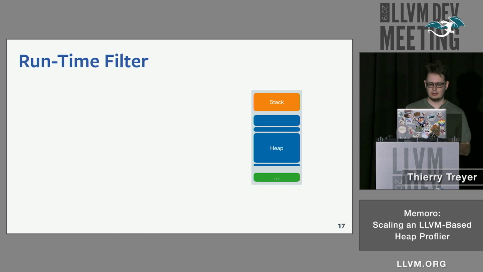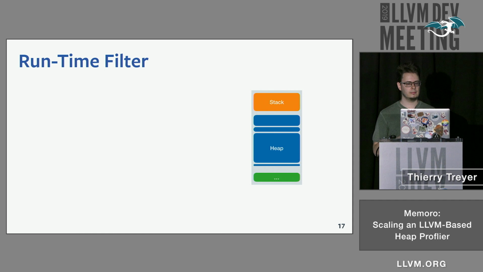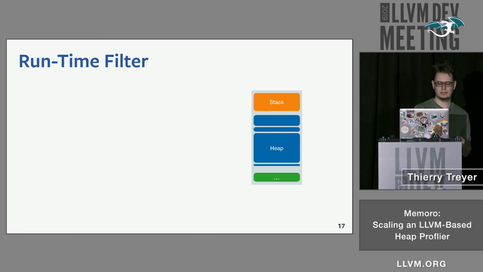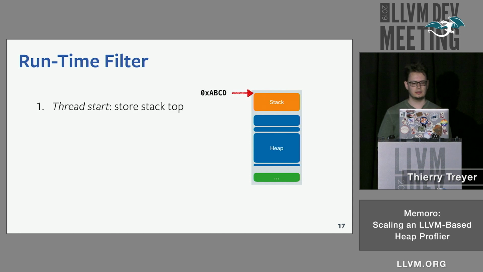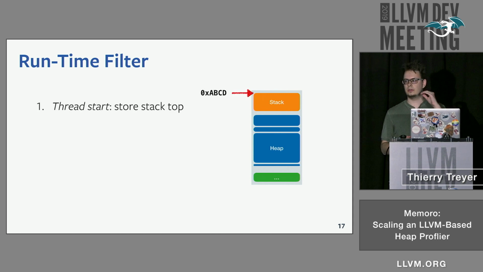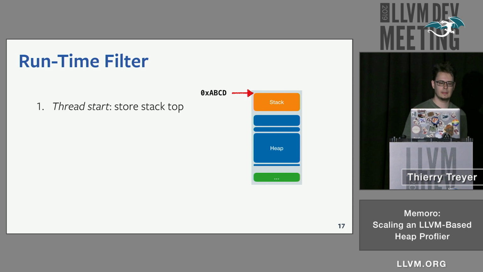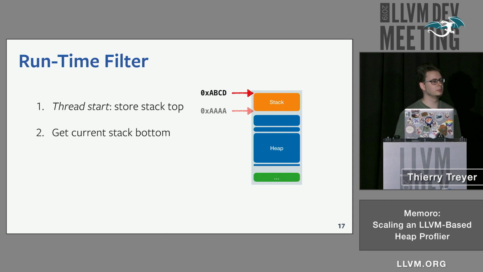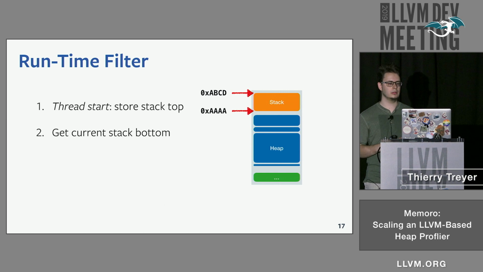So the fix we were able to come up with is that we implemented a runtime filter. The way we do it is simply that every time a new thread starts, we store the top of the stack and we remember it for later. And then every time the instrumentation gets called, we get the current stack bottom. This is really easy.